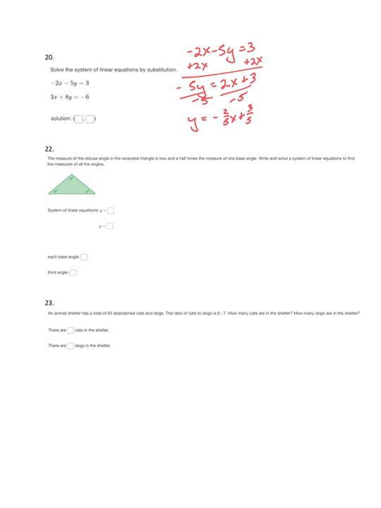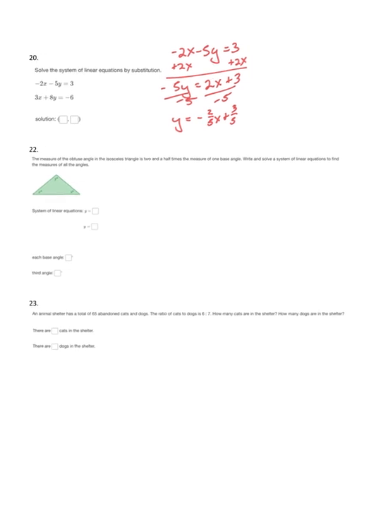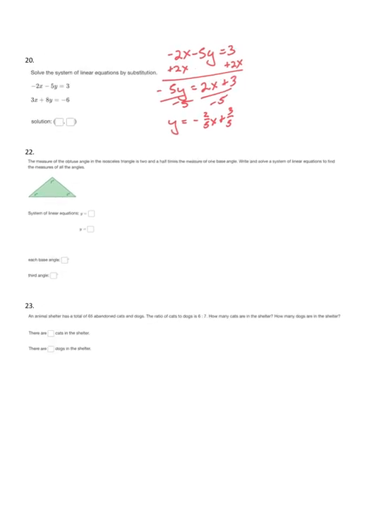Okay, that's a little bit ugly. So now I'm going to look at the second equation, and I'm going to substitute this negative 2/5 x plus 3/5 in place of y. So I have 3x plus 8 times negative 2/5 x plus 3/5, and all of that is equal to negative 6.